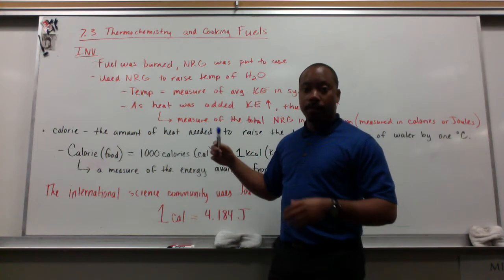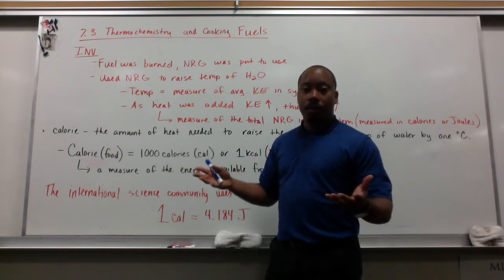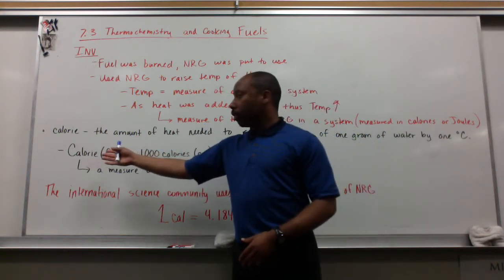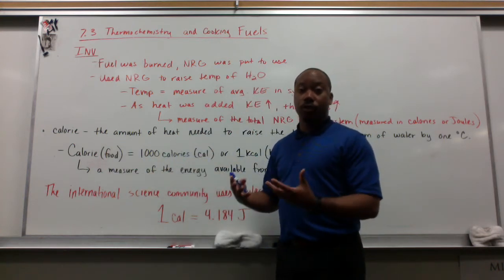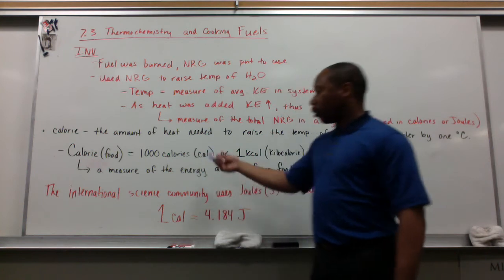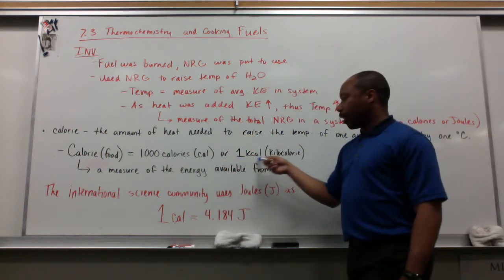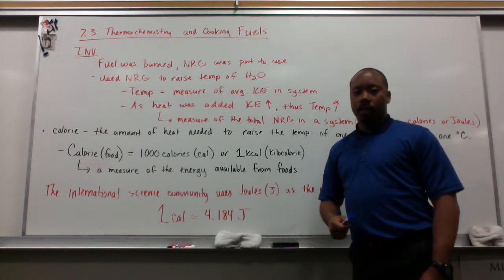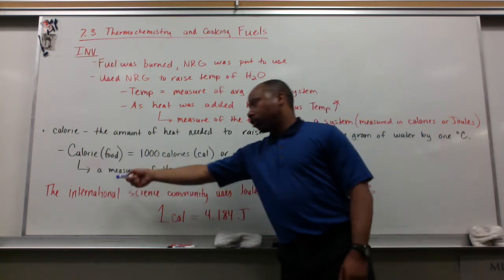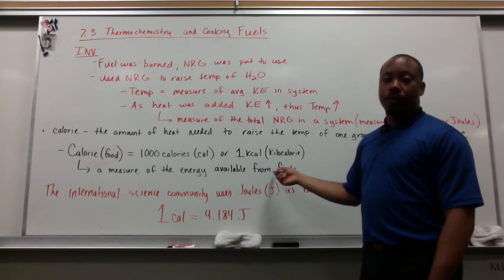So if you're consuming 500 calories from food, that's 500 times 1,000 calories, for energy. We can also express this in, 1 kilocalorie is also 1 big C calorie. And again, food calories is just a measure of the energy available from your foods.